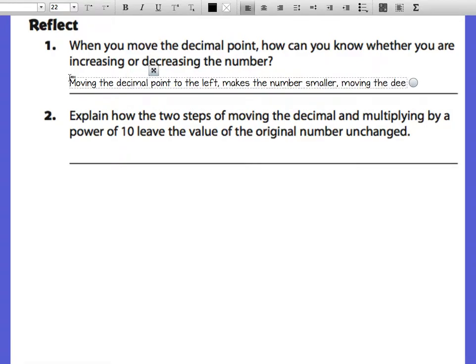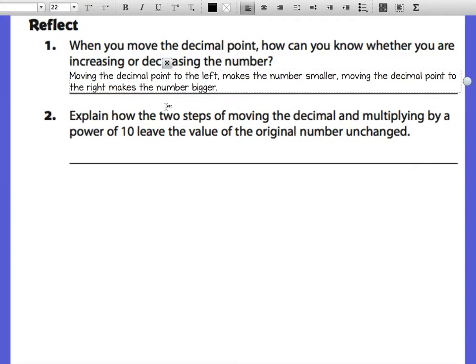Moving the decimal point to the right makes the number bigger. So when we take that decimal and move it to the right, our number is getting bigger, and when we move it to the left, it's getting smaller.